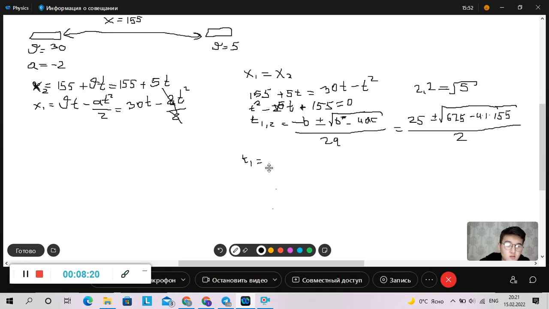Then we will get 21.6 for t1, and the second time is 11.2.